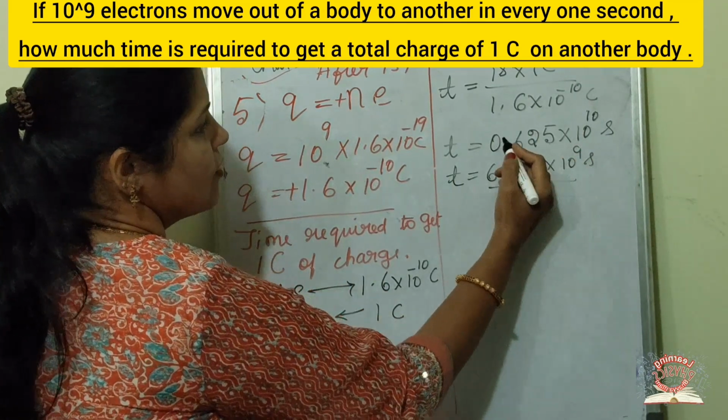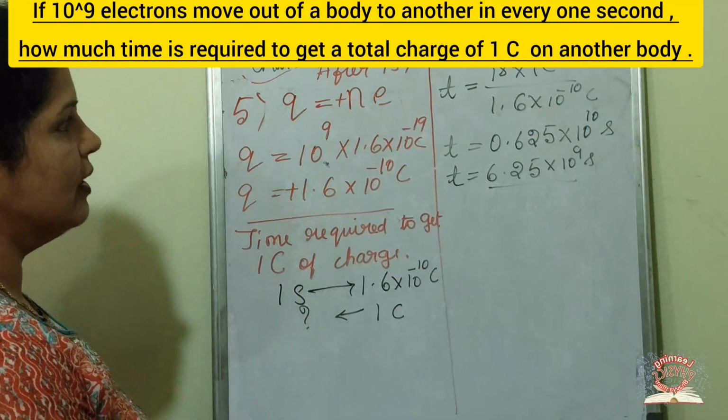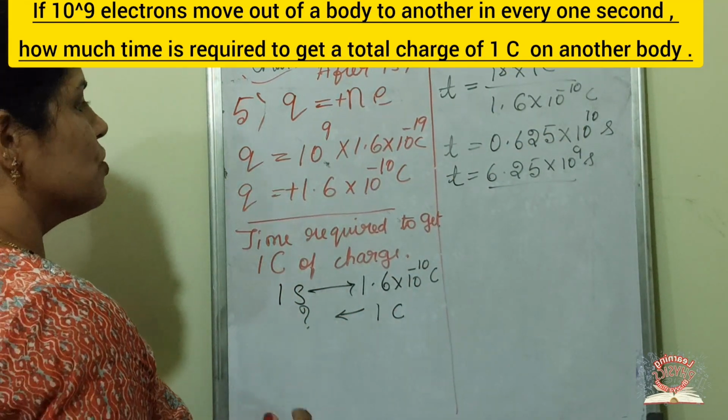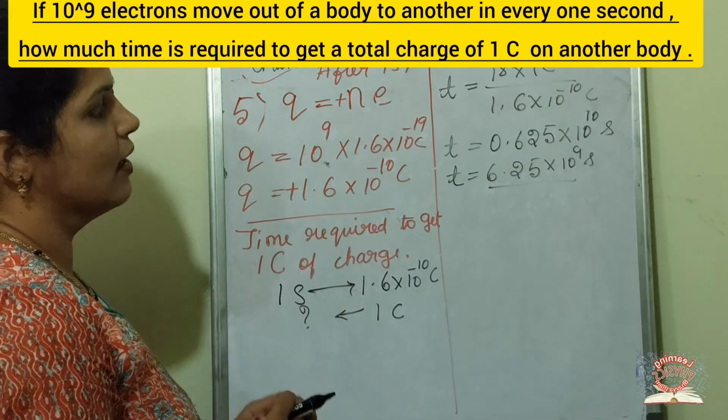Is this clear? The decimal point gets shifted to the right side, and hence it becomes 10^9 second.